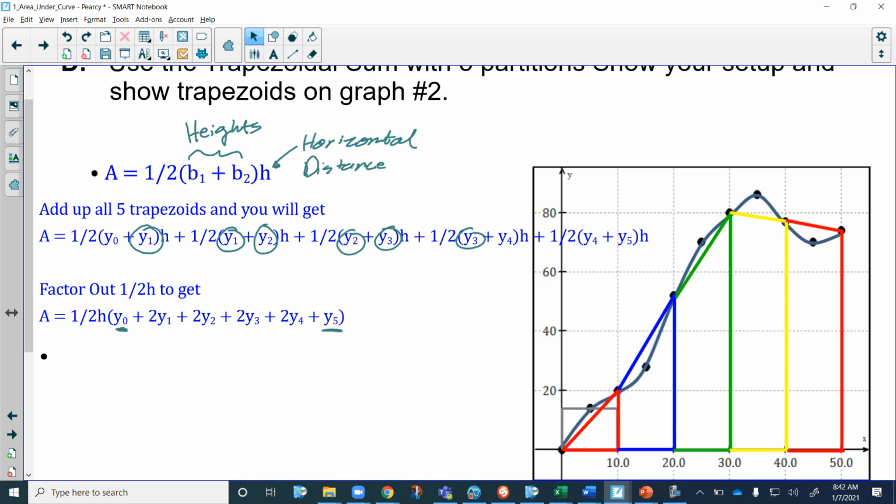Most of us from geometry are trained to think of trapezoids as being something like that, but this very much is a trapezoid also, where we still have our parallel sides that make the bases of the trapezoid, and this is going to be the height.